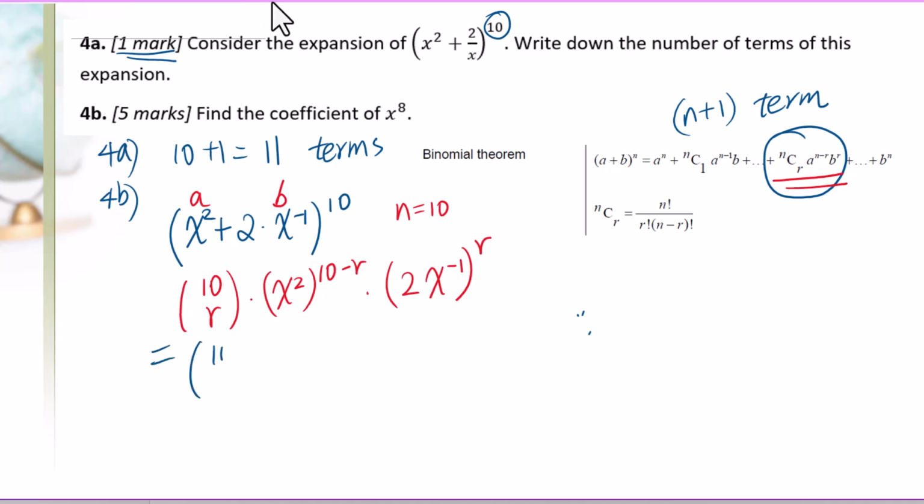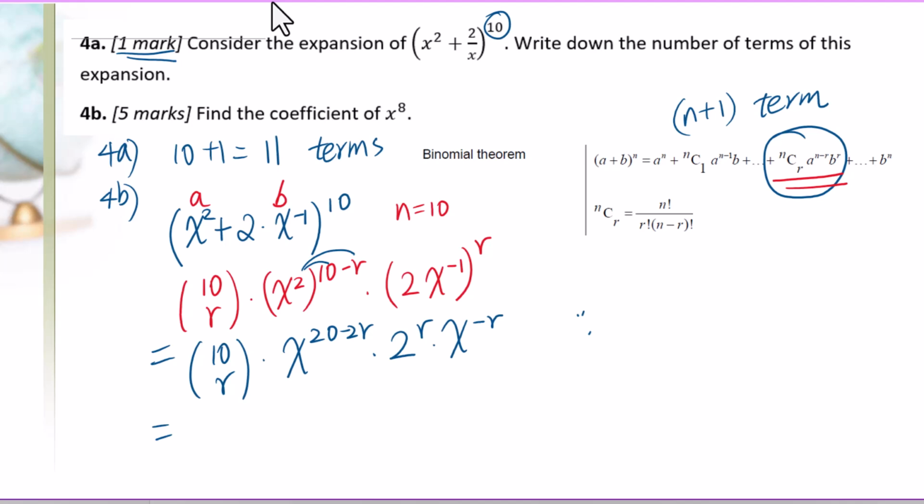Simplify: 10 choose r times x to the 20 minus 2r, by the distributive property, times 2 to the r's power times x to the negative r's power.